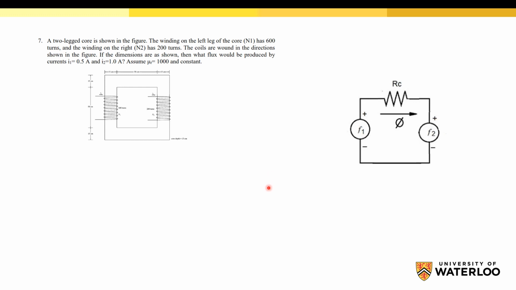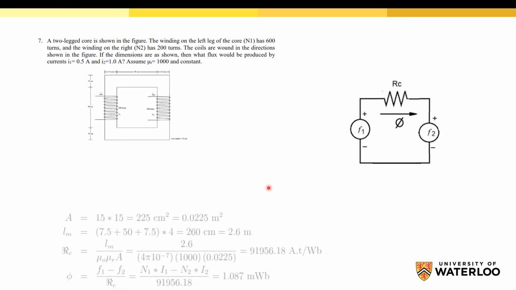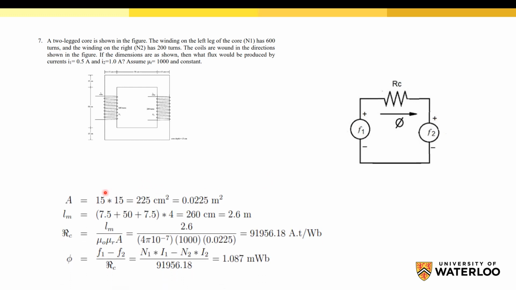So we have here the area, which is the cross-section area, which is 15 times the depth, which is also 15, and you have to convert this centimeter square to meter.